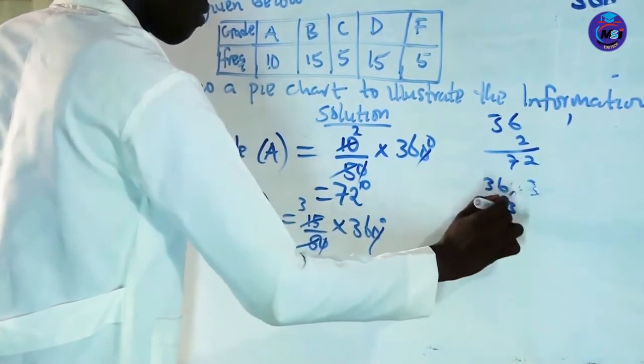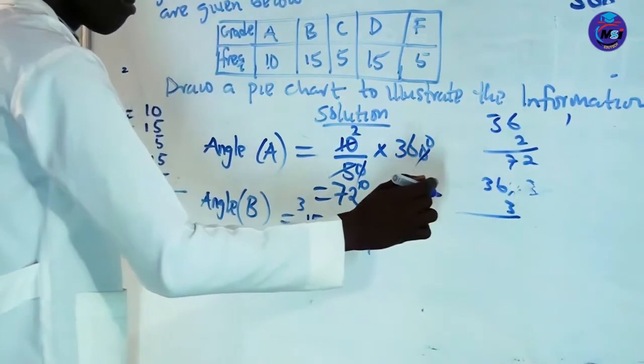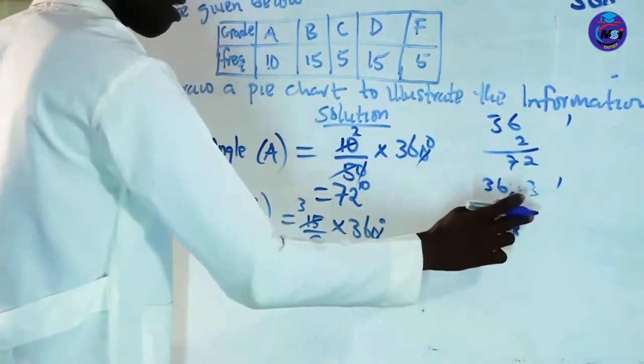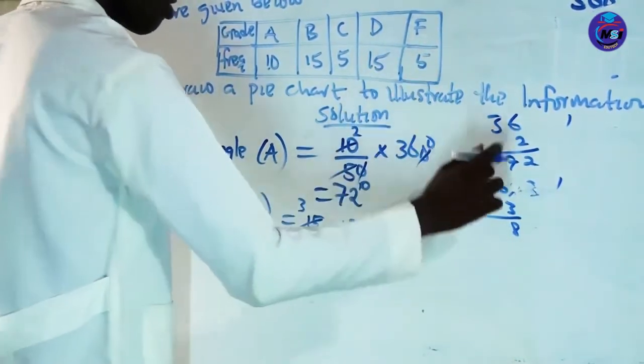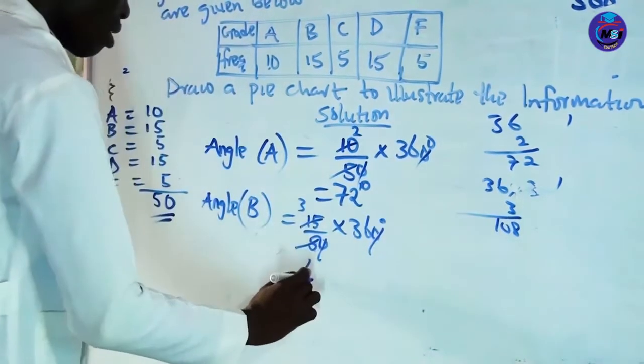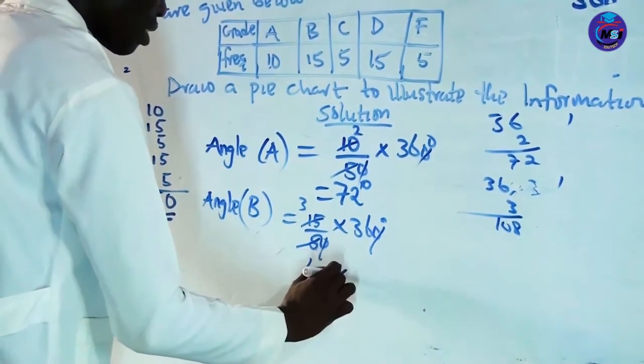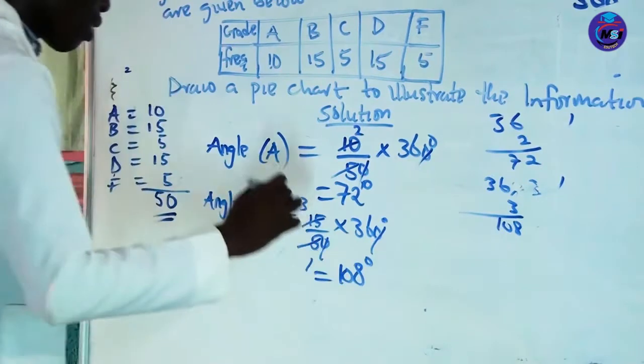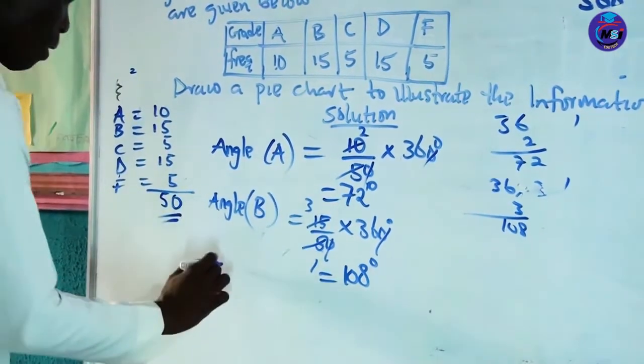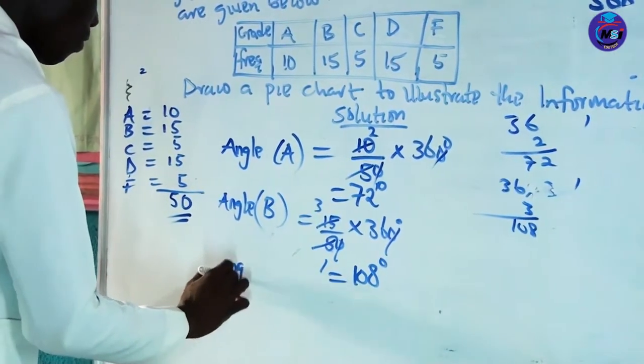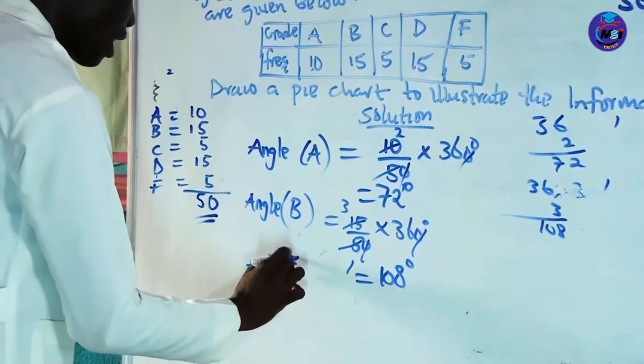This will give us 3 times 6 is 18, 8 remainder 1, 3 times 3 is 9 plus 1 is 10. So you are going to have 108 degrees.